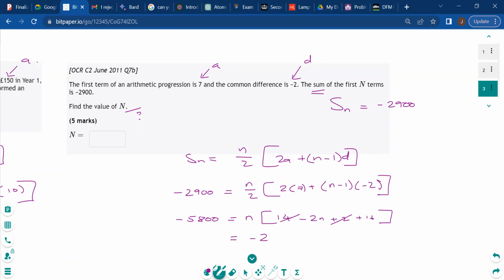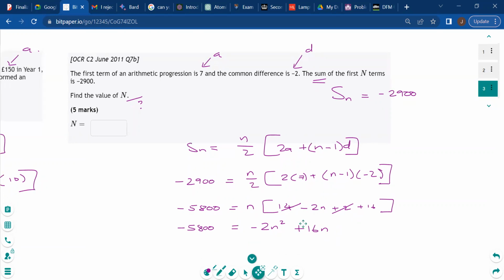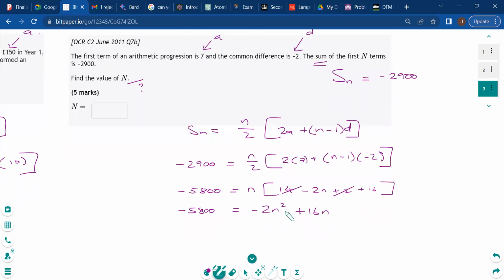So minus 2n squared plus 16n. And I've still got a minus 5,800 here. Okay. Just checking my work. Yep. They're all even numbers. So I'm going to divide it by 2 and I'm going to move everything to the left side at the same time. So n squared, that will be minus 8n if I change it and divide it by 2. And this will be minus 2,900. And that will be equal to 0.